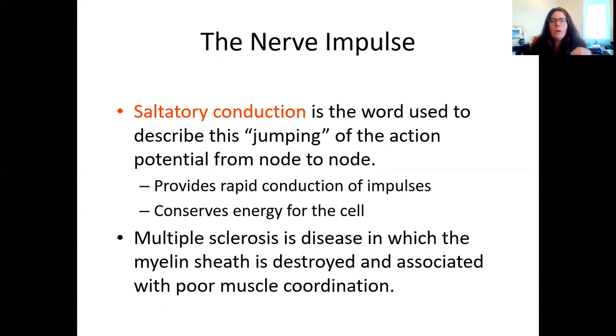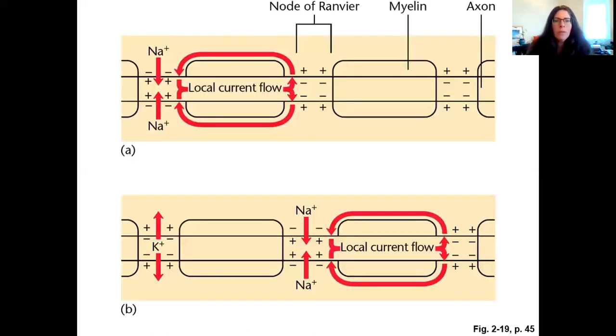So the strength of the electrical message will just degrade. It won't reach its target. Therefore, that neuron will eventually die because it can't send messages. Use it or lose it.